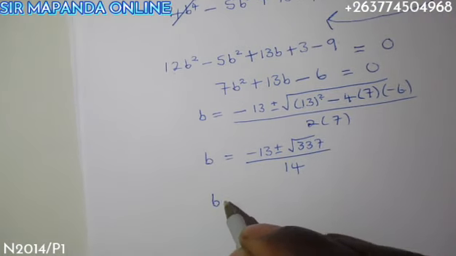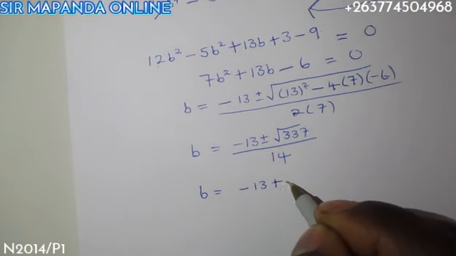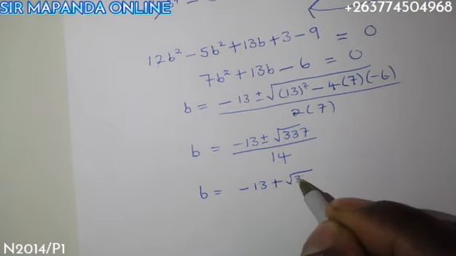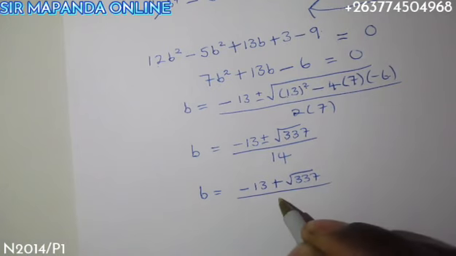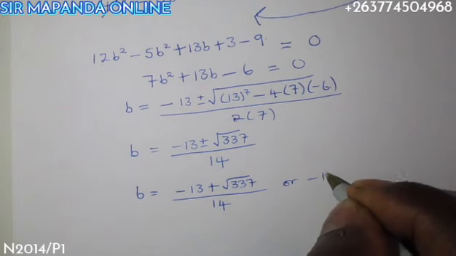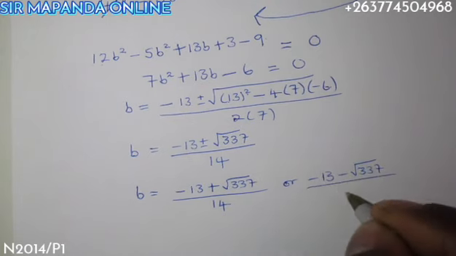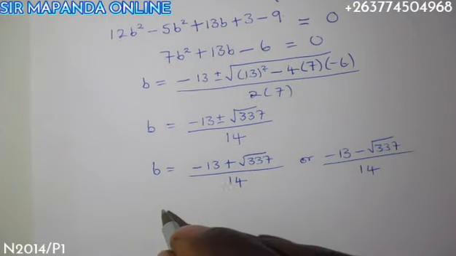Then if you punch 13 squared minus 4 times 7 times −6, you get 337. So we are going to split it to have two solutions. Minus 13 plus the square root of 337, divided by 14, is our first solution, or minus 13 minus the square root of 337, divided by 14.